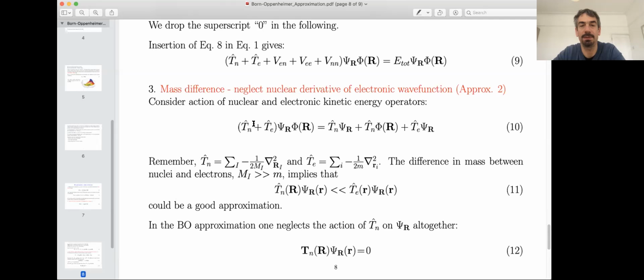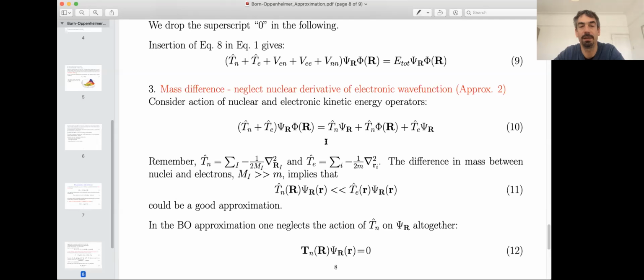So this is the action of that operator on that product. And now the action of the electronic kinetic energy on that product: the electronic wave function depends on all the electronic coordinates. This thing is the Laplacian in terms of the electronic coordinates. So this one acts on that psi r, so that's not zero.